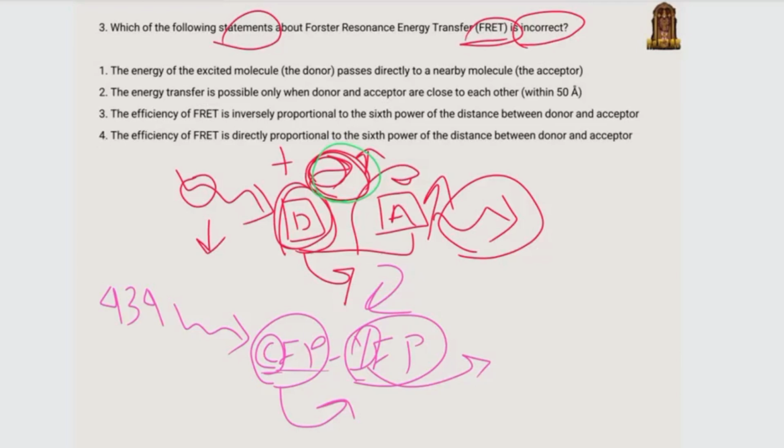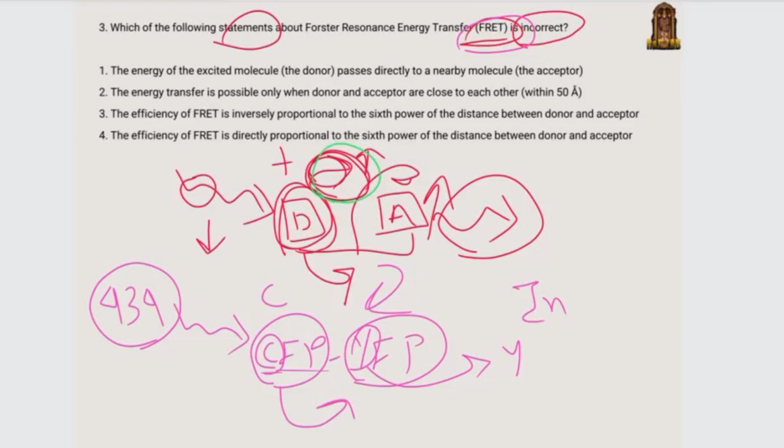So if they are close together, then you will get the yellow light. If they are far away, then you will only get the cyan light, because we are only giving this violet light. As an example, you can use this FRET technology if you want to see the binding between two proteins, like insulin getting bound to its receptor like the GPCR.